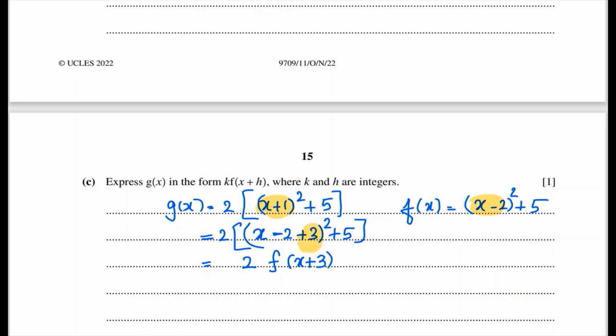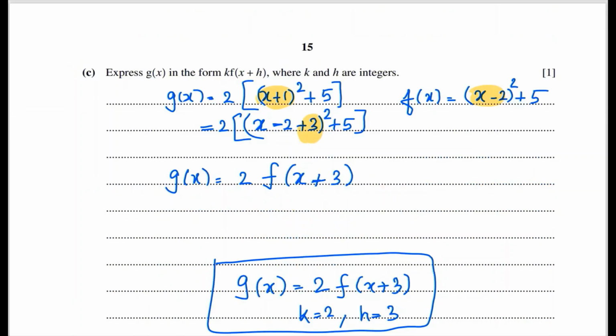So 2 multiplied by f of (x plus 3). So g of x equal to 2 f of (x plus 3) is the answer, where k is 2 and h is 3.